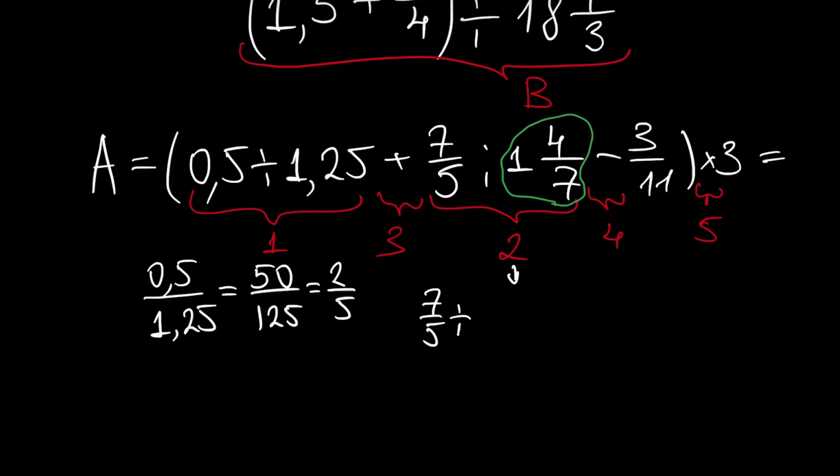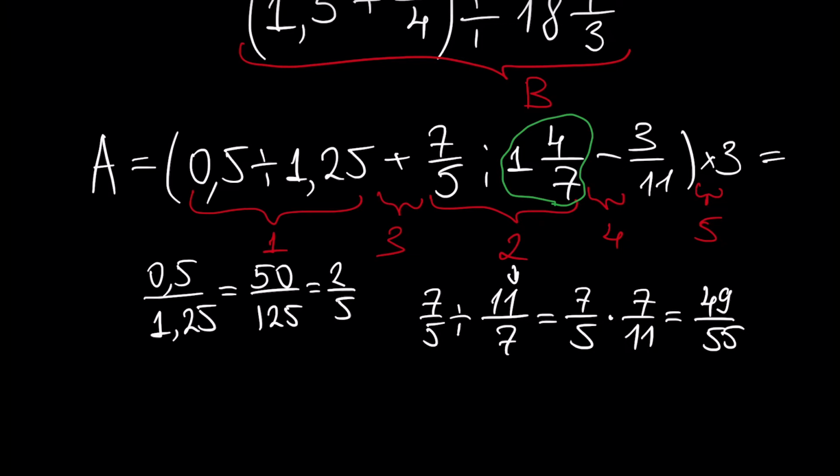A mixed number with a whole part and a fraction can be written as an improper fraction: 7 times 1 plus 4 will be 11, so 11/7. And we can transform division into multiplication and write 7/5 times 7/11, which is 49/55.